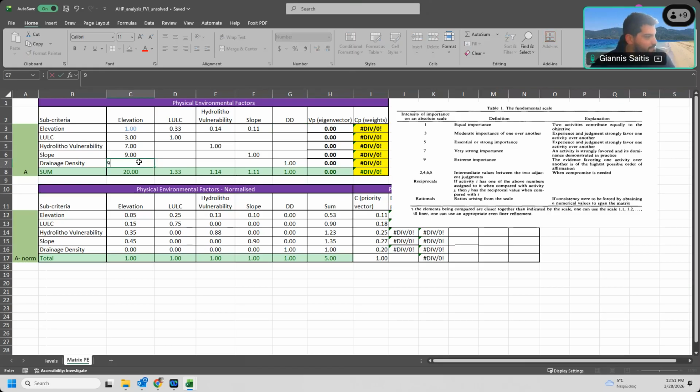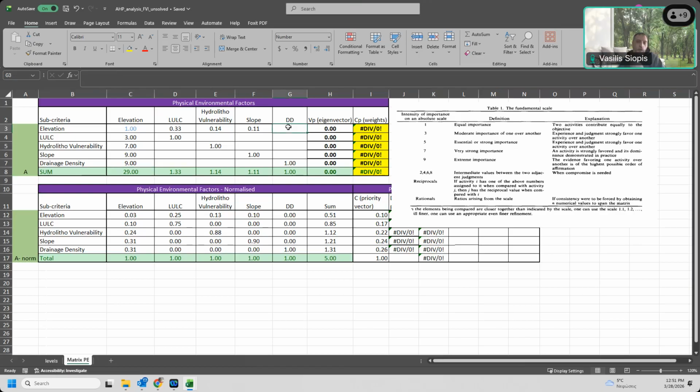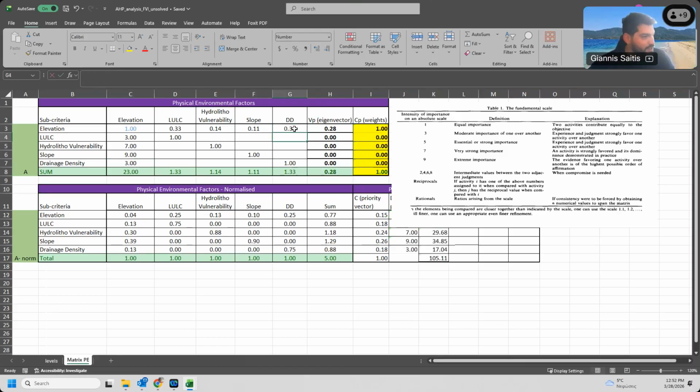For me it's a feeling, because I don't know the theory behind it. If you know better, it's okay. Put a 5, put a 3, whatever. To be honest, I would put a 3. Okay, let's put 3, so 3 here and 1/3 here.